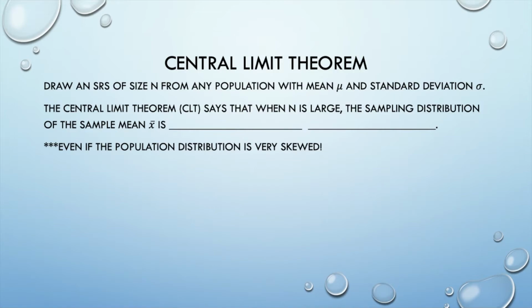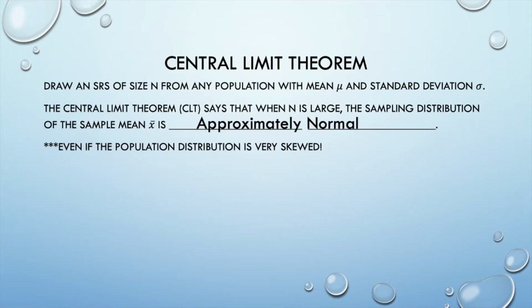This is actually a theorem called the central limit theorem. If we draw an SRS of size n from any population with mean mu and standard deviation sigma, the central limit theorem says that when n is large, the sampling distribution of the sample mean x bar is approximately normal.